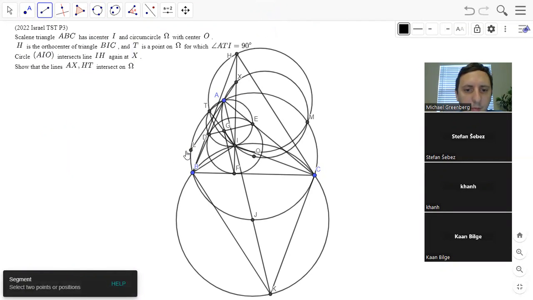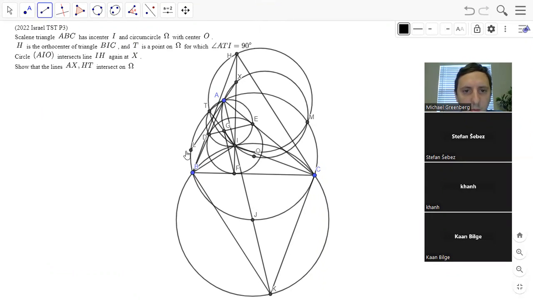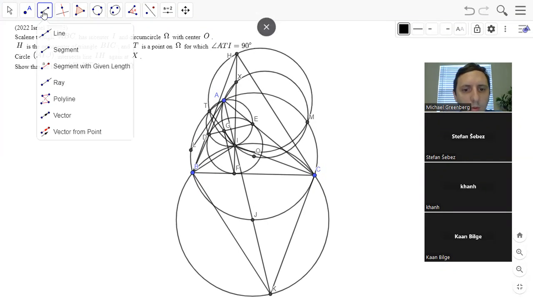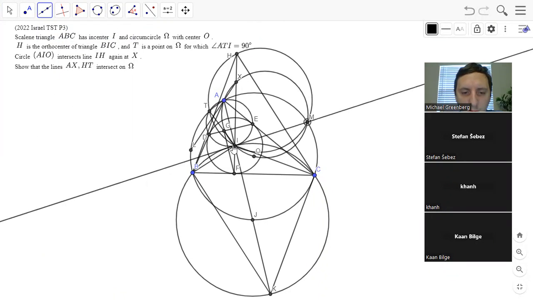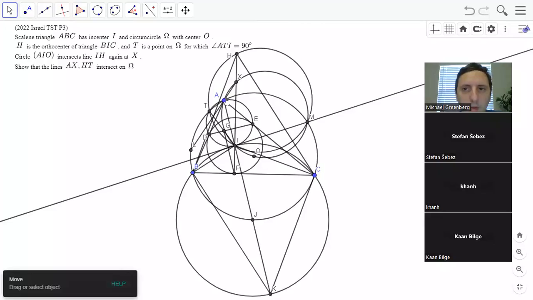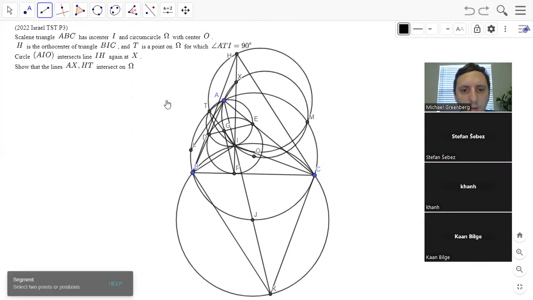No, I don't think so. I wonder if MI is tangent to both circles. Yeah, exactly. If we use this problem that HTIM is cyclic, then we are done.